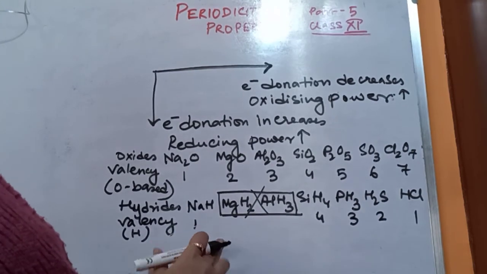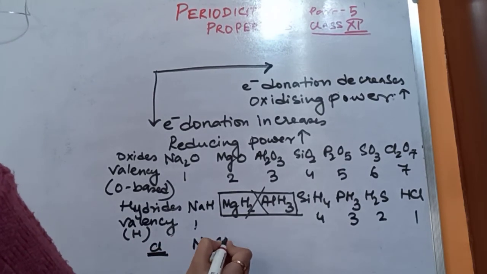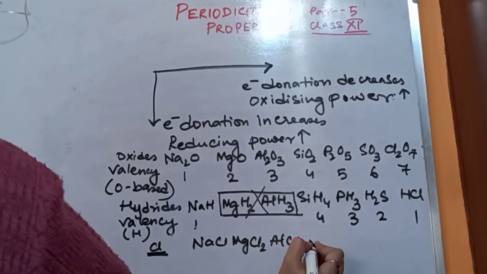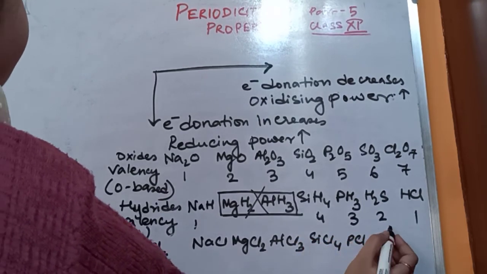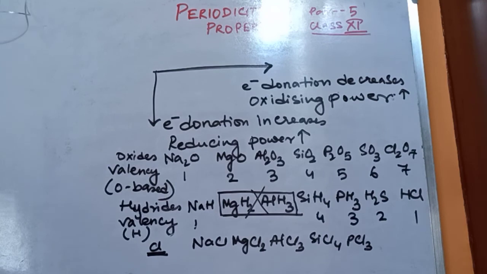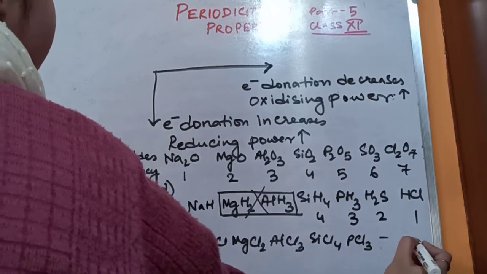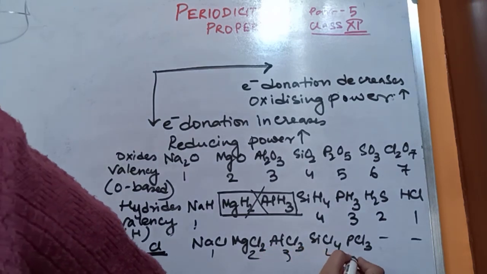The same case happens for chlorides also. For chlorides, see, NaCl, MgCl2, AlCl3, SiCl4, PCl3, and for sulfur we will not consider that. Just look at this. This is 1, this is 2, this is 3, this is 4.